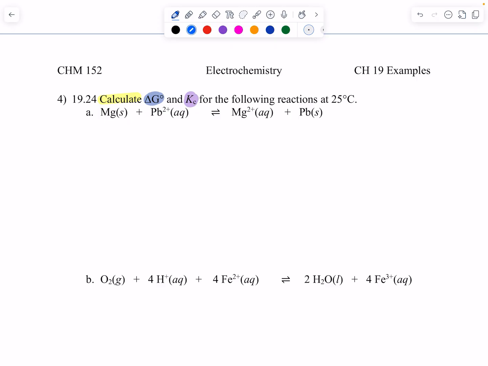Well, I'm thinking we're going to do delta G standard equals negative nFE standard.